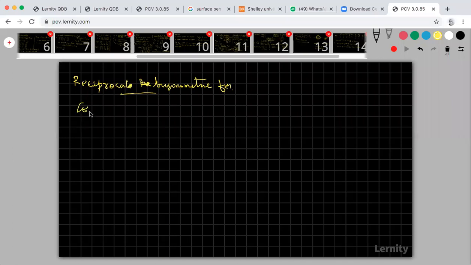Cosecant x. What is cosecant x? Cosecant x is nothing but 1 by sin x. Reciprocal of sin x is called cosecant x.